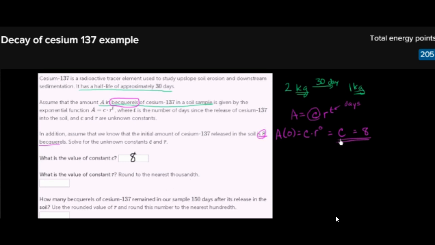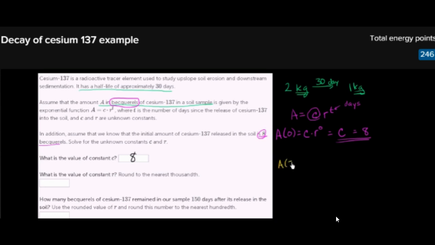So we're starting with 8. So A of 0 is 8. How much are we going to have after 30 days? The reason I'm picking 30 days is that it is the half-life of cesium-137. So A of 30, remember T is in days.